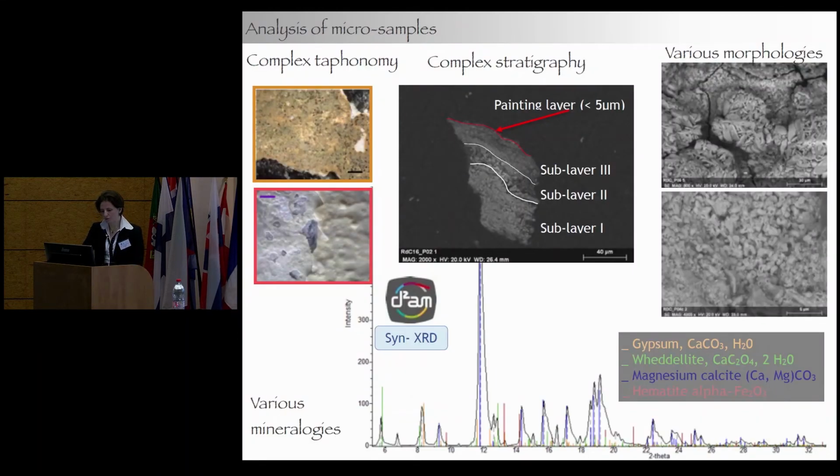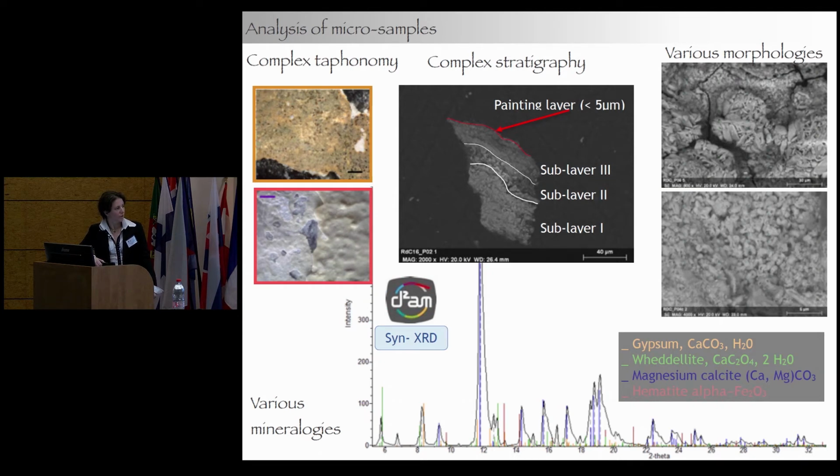So to go further, we need to cross over every scale of observation, at large scale and microscopic scale, and also thanks to the micro X-ray diffraction, we confirm the presence of calcium oxalate, but also the presence of gypsum.